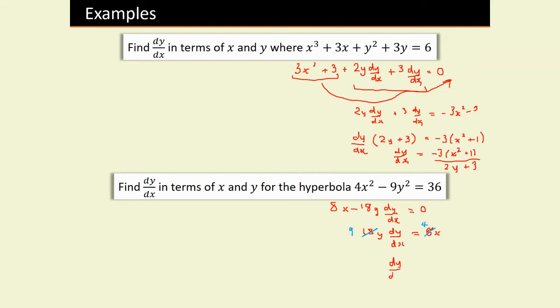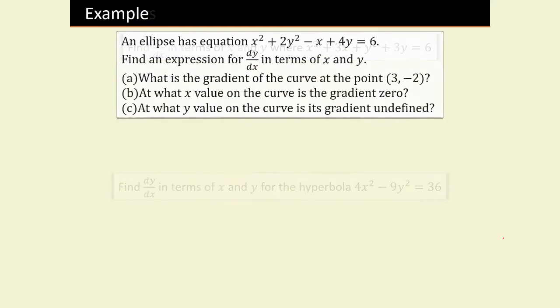So for that particular hyperbola, the derivative, the gradient function, is 4x over 9y. All right, a bit easier than the first one, really, isn't it? But that's showing us how we can get the derivative, the gradient function on a hyperbola. Not too difficult.